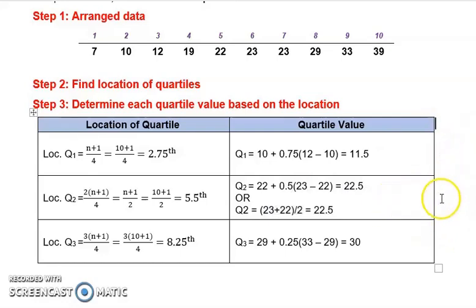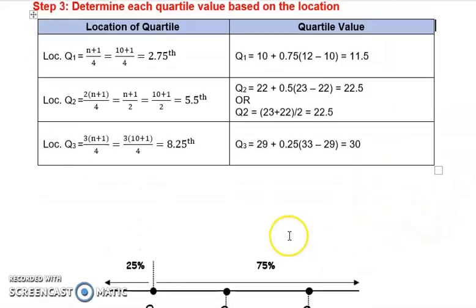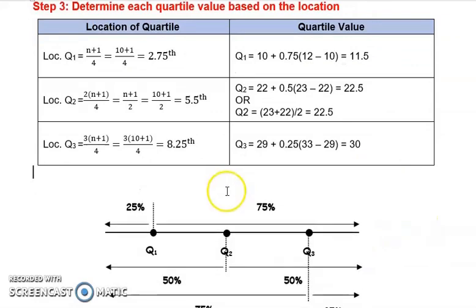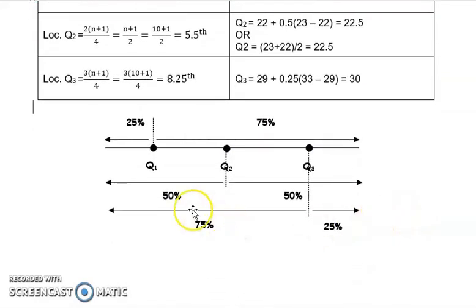Okay, now how to give meaning to, or interpret, the values Q1, Q2 or Q3. Look at this figure. Recall Q1 is our first 25% of data. So up to Q1, 25% of the data are less than the value Q1, and the other 75% will be more than Q1.